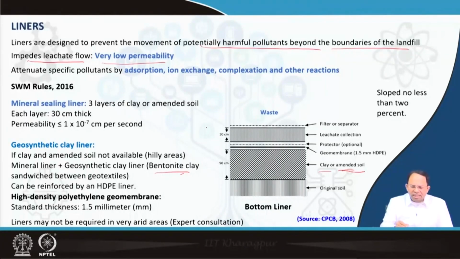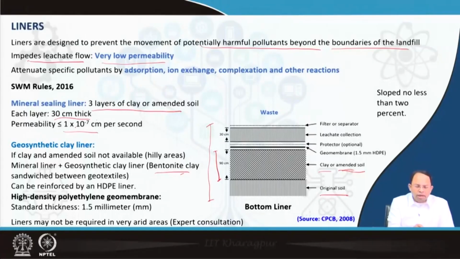You can see that the system is designed with several layers. The bottommost layer is the original soil of that particular place, and after that is the liner. Usually it's a 90 centimeter thick liner, and it includes 3 layers of clay or amended soil, each layer is 30 centimeter thick, and the permeability is 1 into 10 to the power minus 7 centimeter per second.